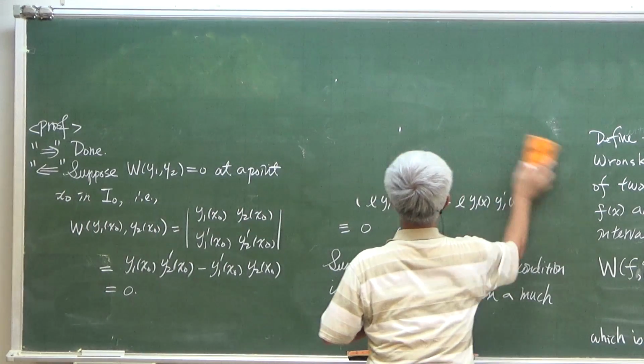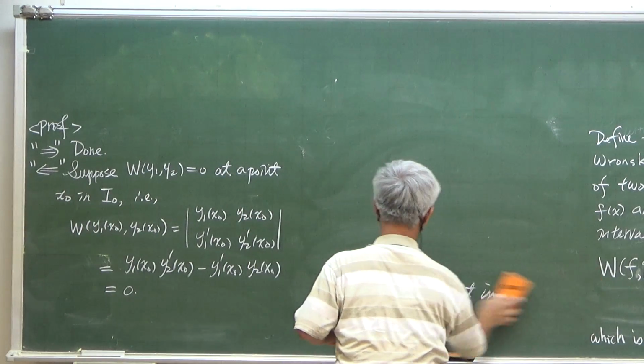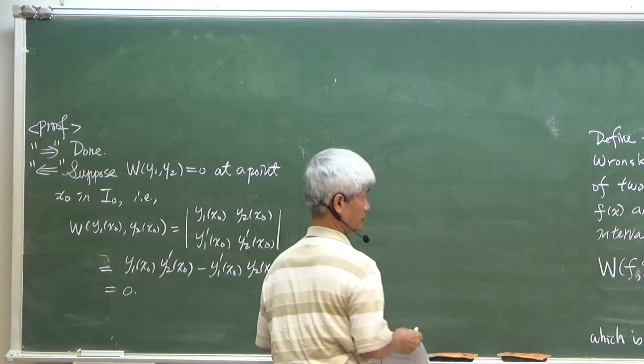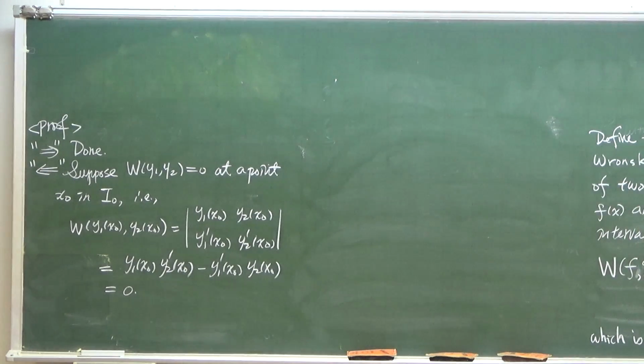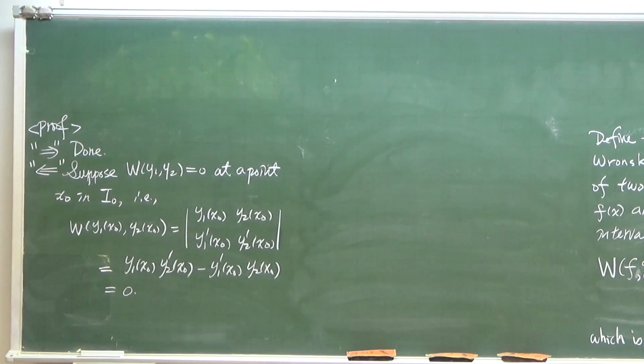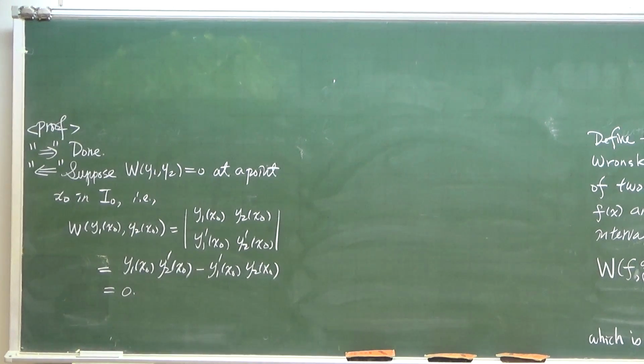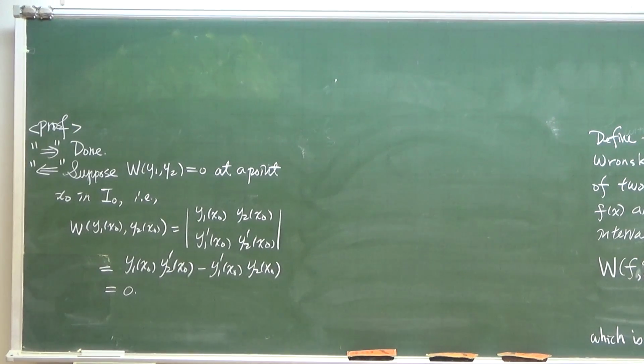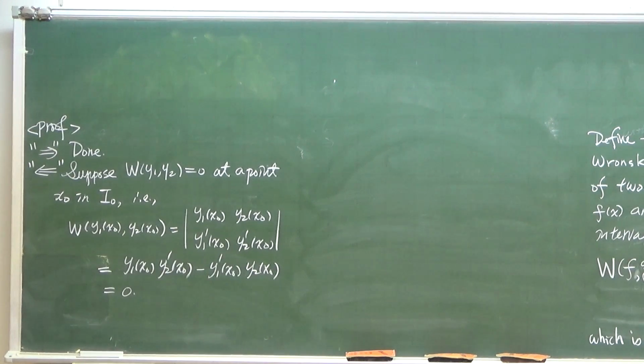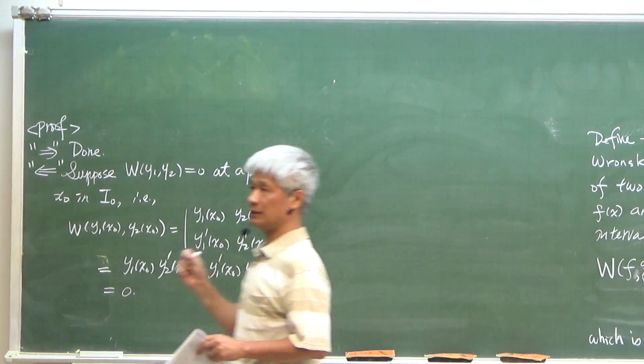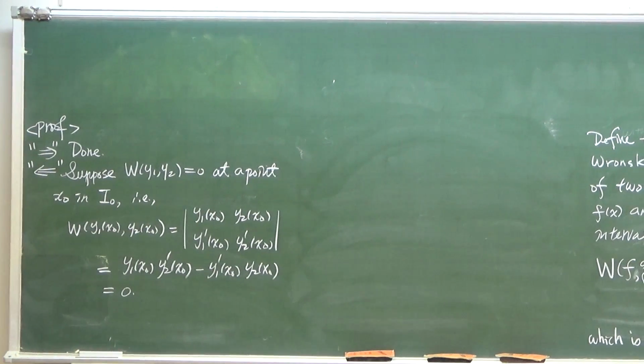Now, to show these two solutions are linearly dependent, we have to find two constants, k1 and k2, not both 0, such that k1 times y1 plus k2 times y2 is identically the 0 function. How can we find k1 and k2?